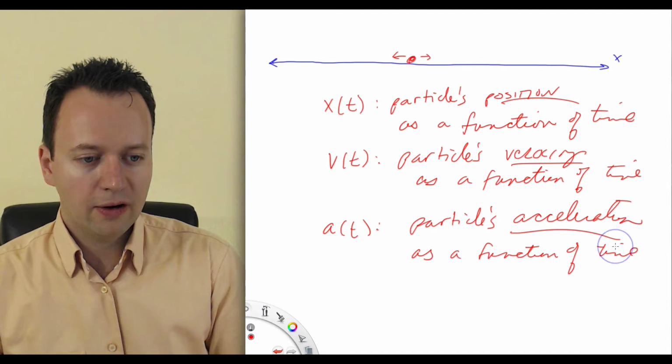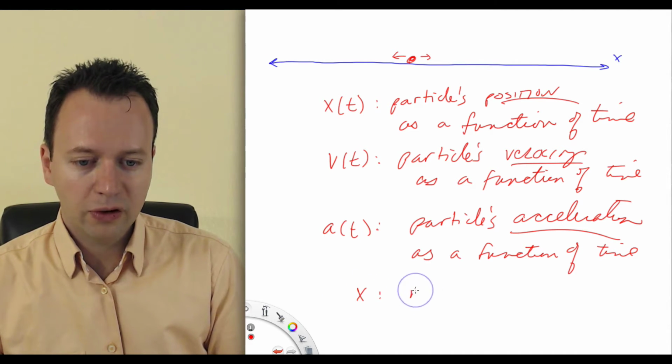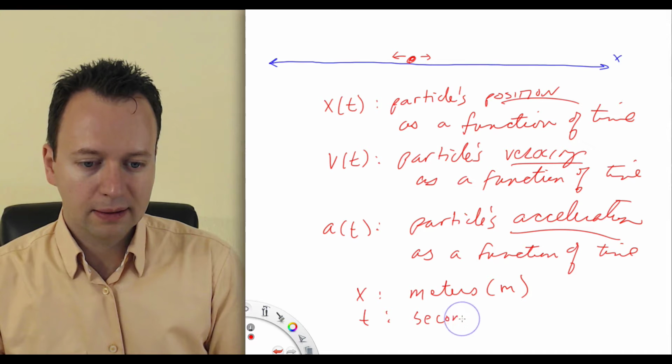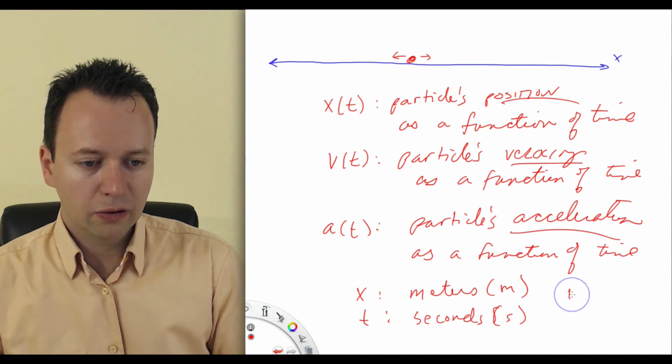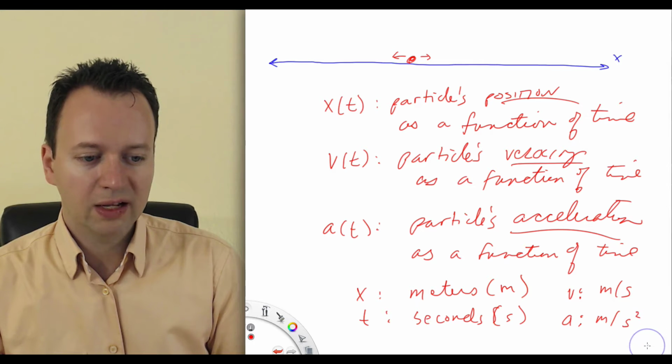So a very often used system of units: x will have units of meters, so m, and t units of seconds, so s. So then of course v has units of meters per second, and acceleration has units of meters per second squared.